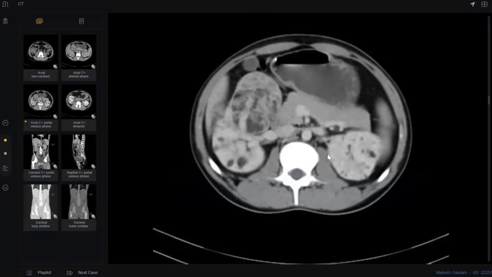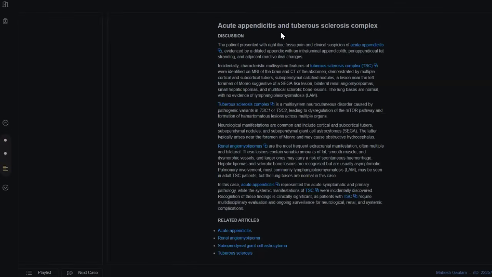I was confused. What is it? This is not the usual presentation for angiomyolipoma, but finally it was angiomyolipoma. Some cases in the exam are presented by atypical sequences. So it was a case of acute appendicitis in a tuberous sclerosis patient.